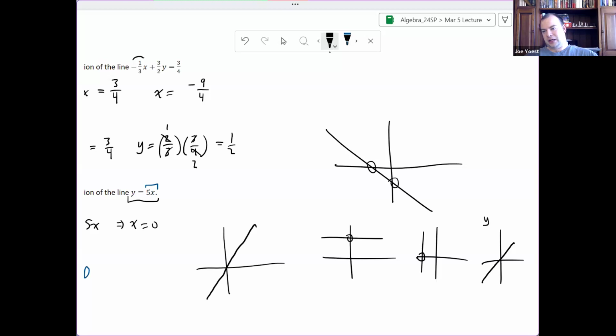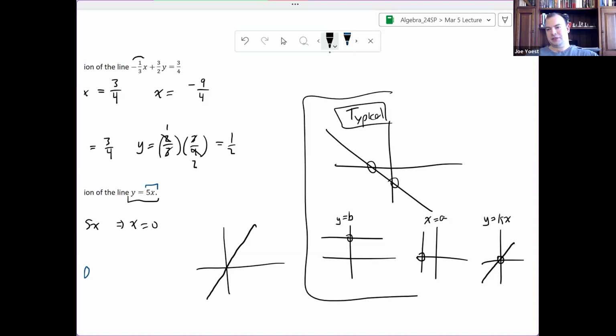These all look like y equals kx, with a single intercept at 0, 0. These vertical lines look like x equals a, and the horizontal lines look like y equals b. So this is the typical scenario, but we also have these few special cases down here that can pop up.